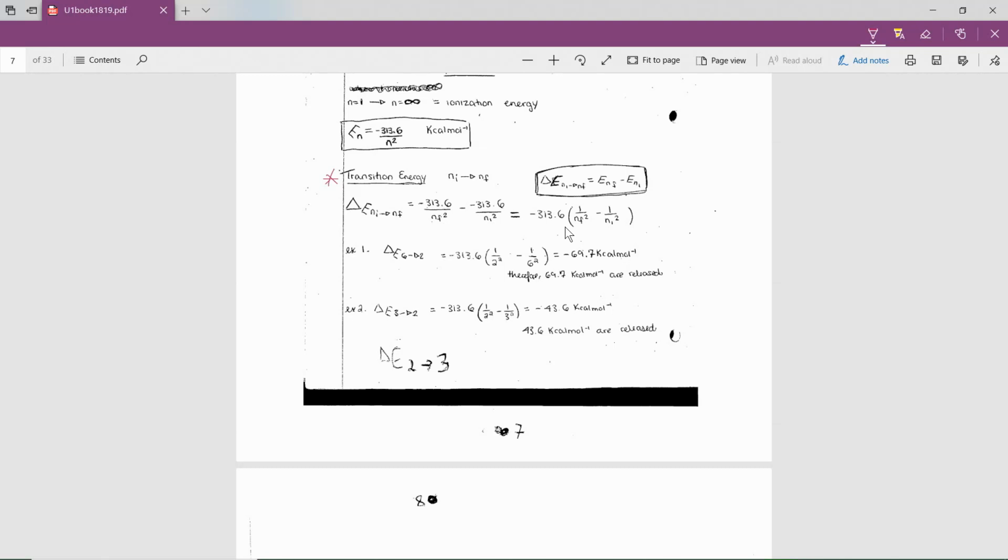We can just factor out the minus 313.6. So it's minus 313.6 times, in brackets, 1 over n final squared minus 1 over n initial squared. From the 6th level to the 2nd level, here's an example. It's minus 313.6 times 1 over 4 minus 1 over 36, and we get a value for that. We're just going to hold on for 1 second.